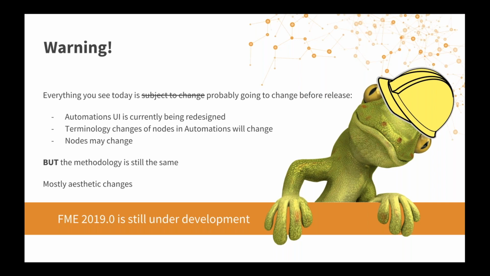But because FME Server is still in development, there are things that are going to change with automations. Some of the actual functionality and features are going to change slightly before release. And as well, all the web UI around automations is getting changed, so the way it looks today is not how it's going to look when it gets released. So you can still get excited because the core functionality is going to stay the same, but then you'll get even more excited when it is released because it's going to be better.